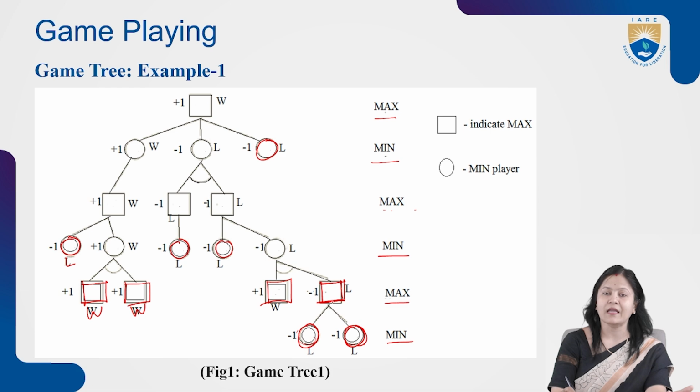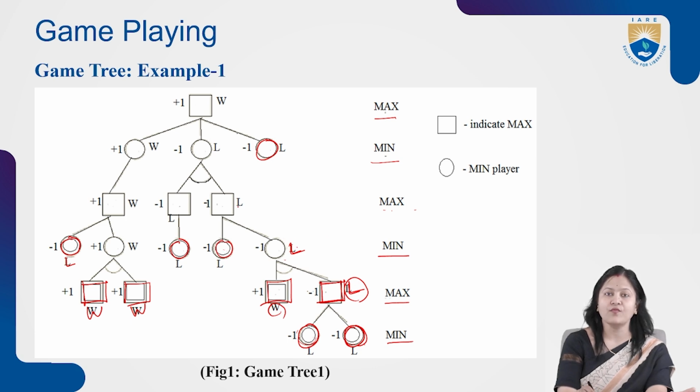For the max layer, if both the successors are L, definitely it will be considered L. Done. Now this one is already given as W, and this one we found as L. If one is W and one is L, what would the parent status be? The parent is at the min layer, so it would be L, because if any one of the successors is L, it is considered L. Now the same thing for this one: this one is L and this one is L.